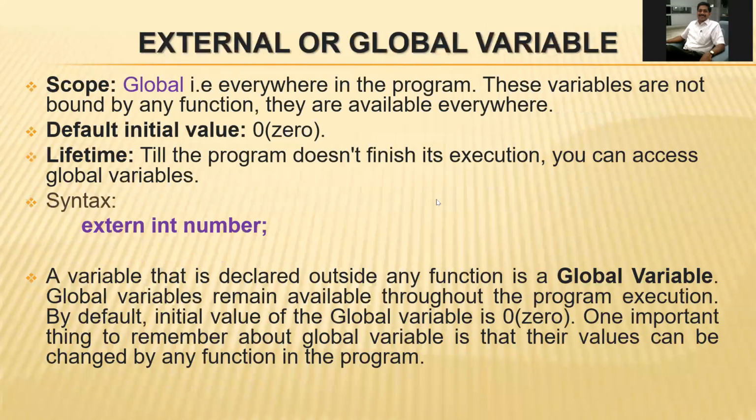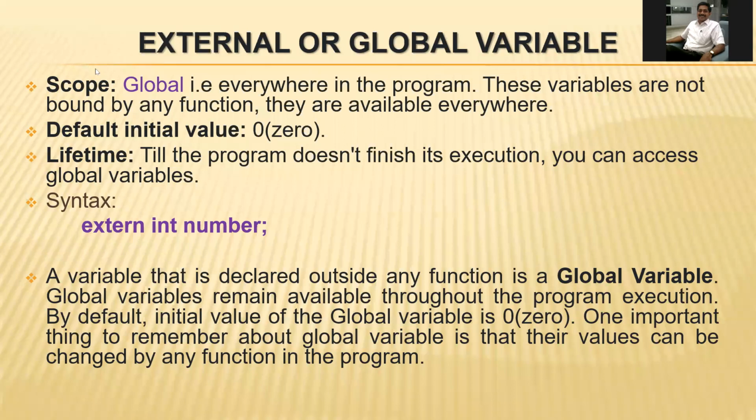Then the next storage class is the external or global variable. What is the scope of this external or global variable? The scope is global, that is everywhere in the program. This is the category adopted for a variable that can be used everywhere in the program. These variables are not bound to any function. They are available everywhere.